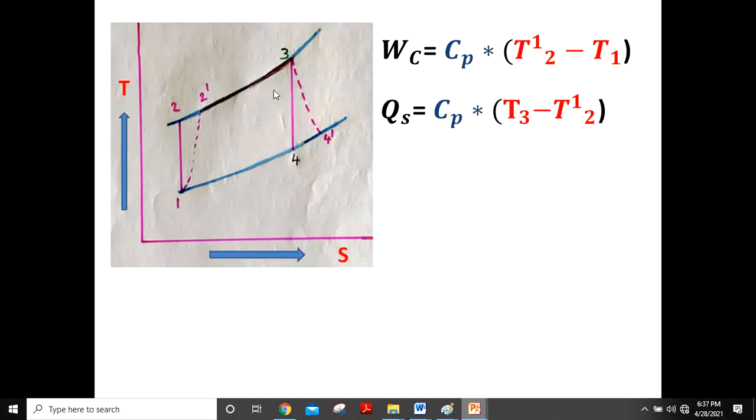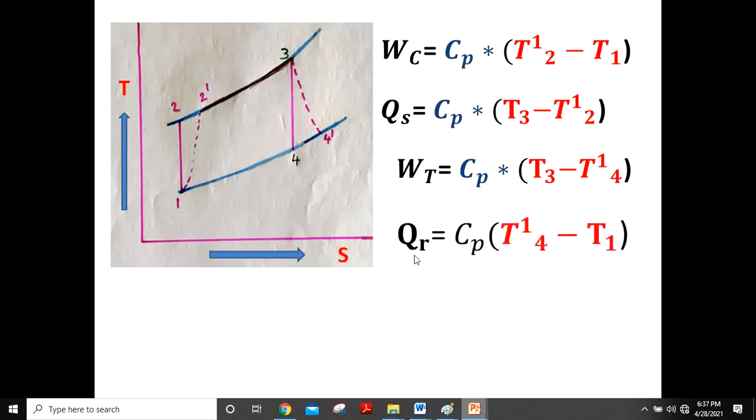In the actual case, you should take T3 minus T2 dash. Next, W turbine is equal to Cp of T3 minus T4 dash, actual expansion. Therefore, Q rejection is equal to Cp into T4 dash minus T1.